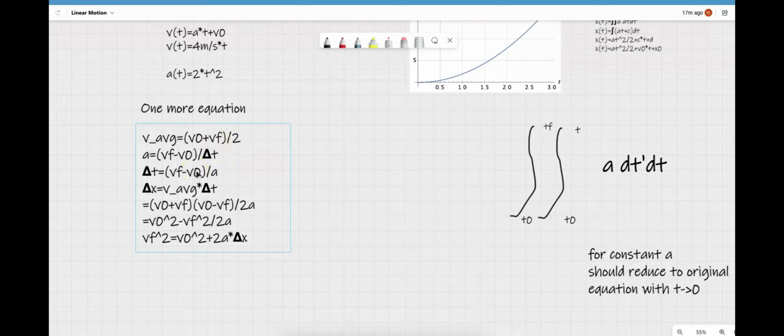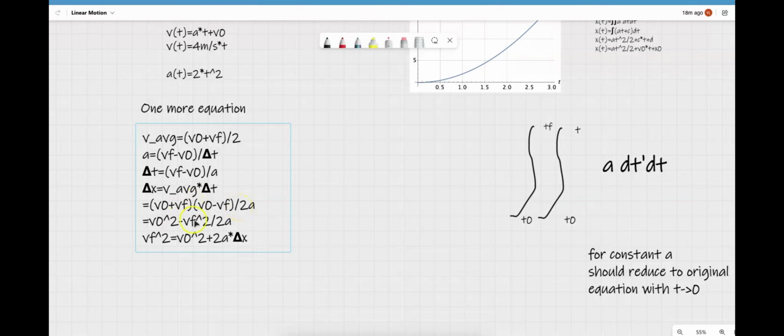So now what we're going to do, once again with this constant acceleration, is say delta x is equal to the average velocity for that time interval times delta t. Instead of doing an integral or something like that, we can just use this average for this linear relationship. So then we substitute our old equation for v average, and we substitute our equation here for delta t, and we wind up with v naught plus vf times vf minus v naught divided by 2a.